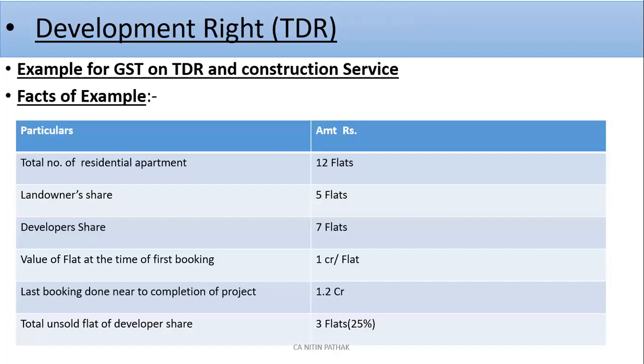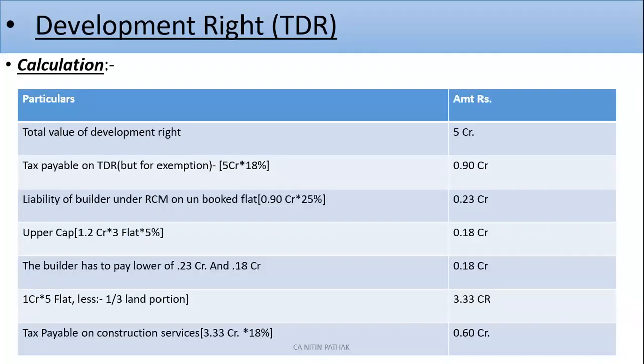When they made the first booking it was 1 crore, and when the project was completed it was 1.2. When the project is completed and he is leaving, 3 flats are unbooked, not unsold by the developer. So now the developer has to pay this. We are considering it in the next slide.